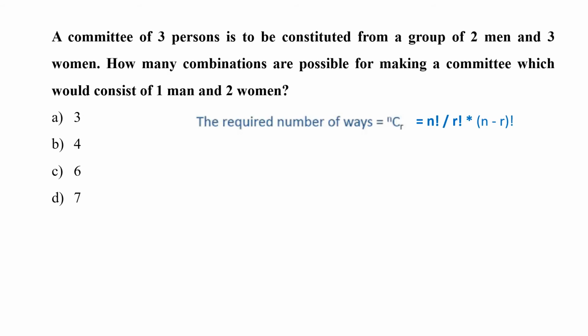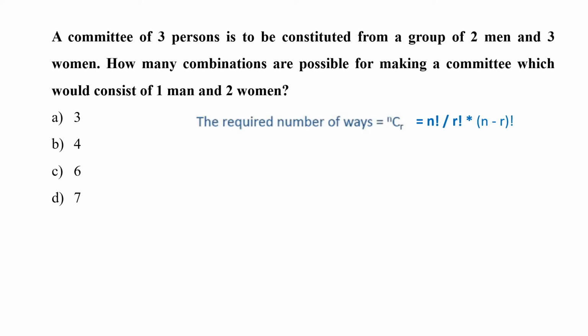Now the next question is, a committee of 3 persons is to be constituted from a group of 2 men and 3 women. How many combinations are possible for making a committee which consists of 1 man and 2 women? So here is the formula to calculate the required number of ways.